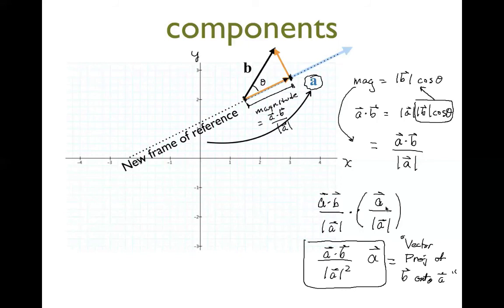You divide a vector by its magnitude, you get a unit vector in the same direction. And then I scaled that vector up by the magnitude that we found first. So by scaling the unit vector to this magnitude, I get the orange vector. Did that answer it? Yes, thank you.